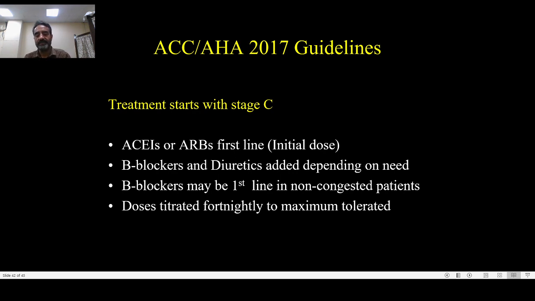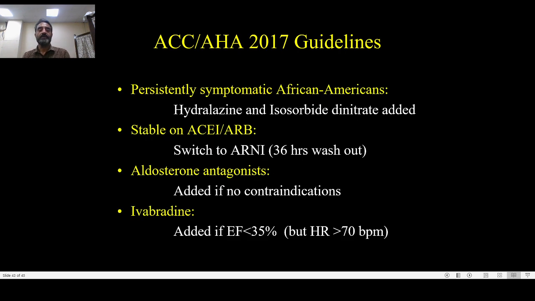In decompensated non-congested patients, beta blockers may even be the first line drugs. The doses are titrated fortnightly to the maximum tolerated. In persistently symptomatic African Americans, the blacks, hydralazine and isosorbide dinitrate are added.